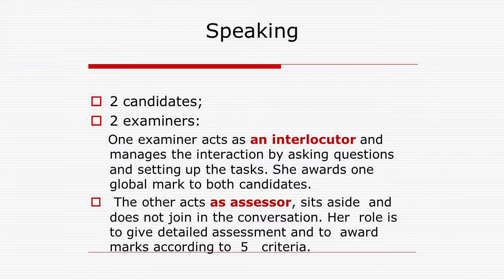The role is to give detailed assessment and to watch over the performance of both the candidates and the teacher. As candidates change, teachers may change their roles. A teacher who was an interlocutor can now be an assessor. A teacher who was an assessor can now be an interlocutor.